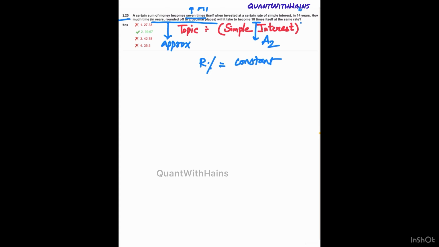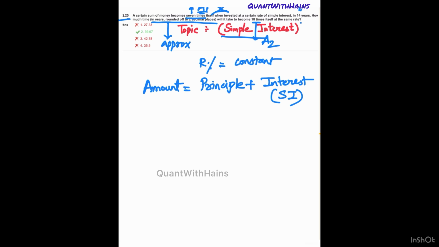Many people take this 7 times as interest, but it is not interest, it is the amount. As we know, amount equals principal plus interest, and here we are talking about simple interest. So two amounts are given.